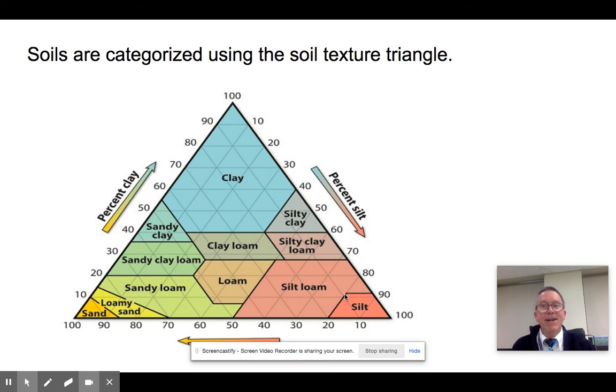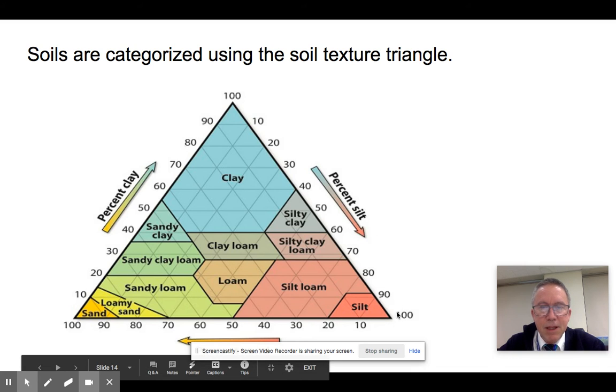Now, you've got to learn how to read one of these charts. At first they just seem like a mystery, but I'm here to help you, and they're actually kind of cool. So the idea is we have three different members, right? We have silt, sand, and clay. So the way we're going to do this is we're going to start here. This over here is our silt side. So notice we have the number 100. This is 100% silt and 0% this, which is sand.